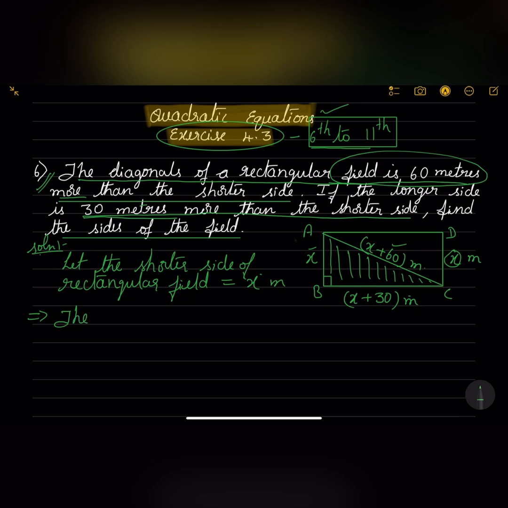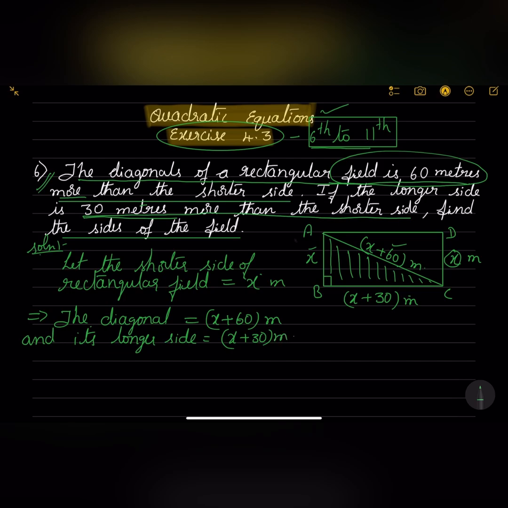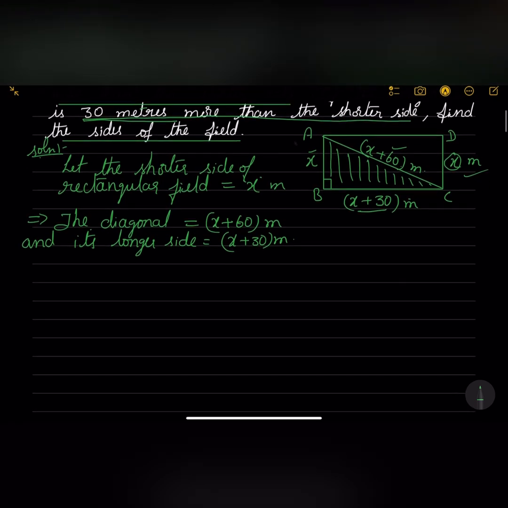Therefore, its diagonal is equal to x plus 60 meters, and its longer side is equal to x plus 30 meters. So the shorter side is x, then x plus 30, then x plus 60. Now what we can do in right triangle ABC.